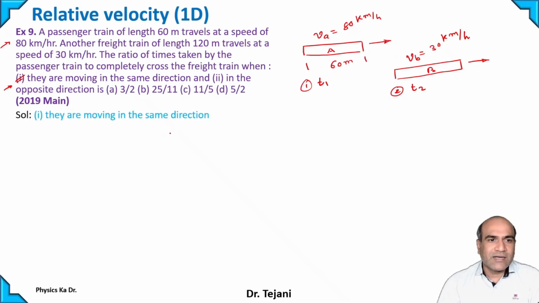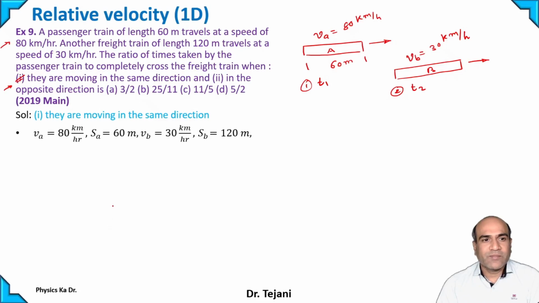Let's start. They are moving in the same direction, and we need to find the relative velocity. The data given: VA is 80, the length of the first train SA is 60, the length of the second train SB is 120 meters, and VB is 30 kilometer per hour.